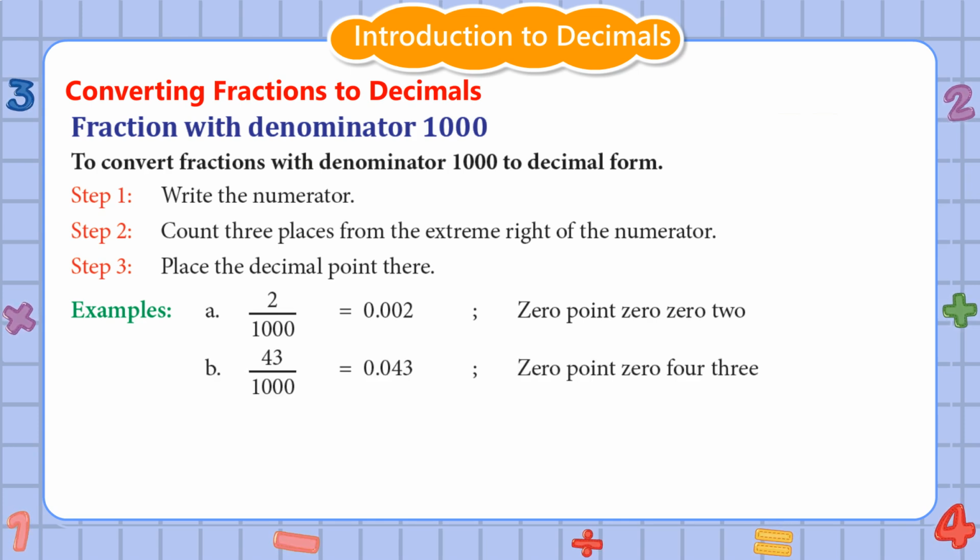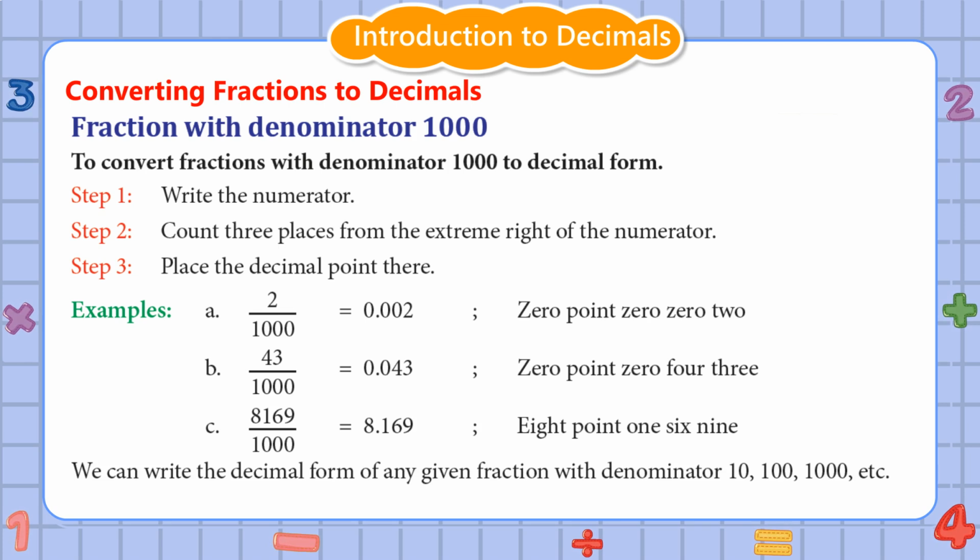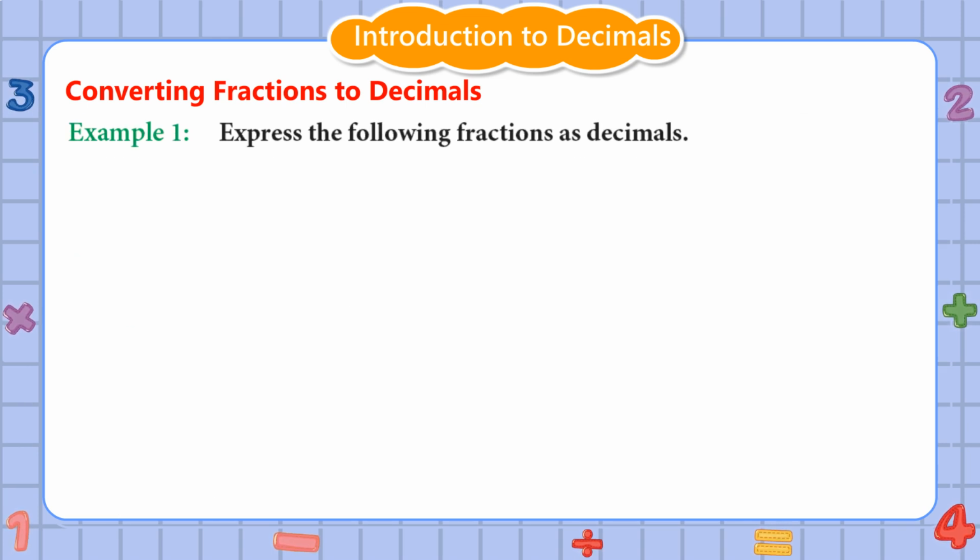B. 43 upon 1000 is equal to 0.043. C. 8169 upon 1000 is equal to 8.169. We can write the decimal form of any given fraction with denominator 10, 100, 1000, etc. using the above method.